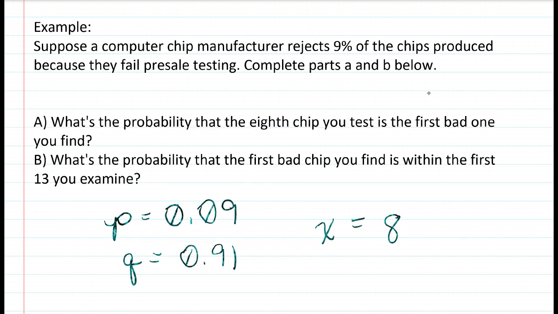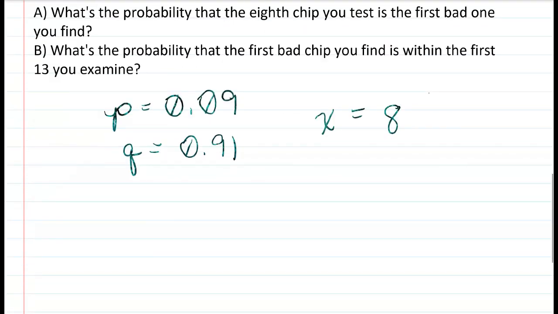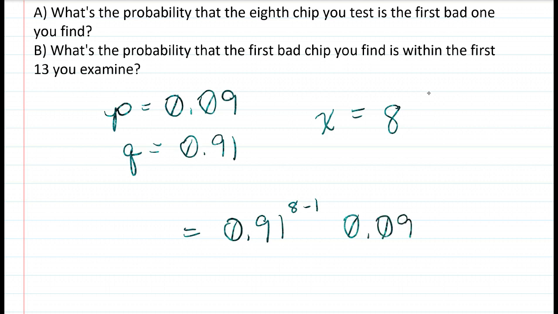So we plug these into our formula: 0.91 raised to the 8 minus 1 power, times p, which is 0.09. Using our trusty calculators, we should get a probability of 0.047.